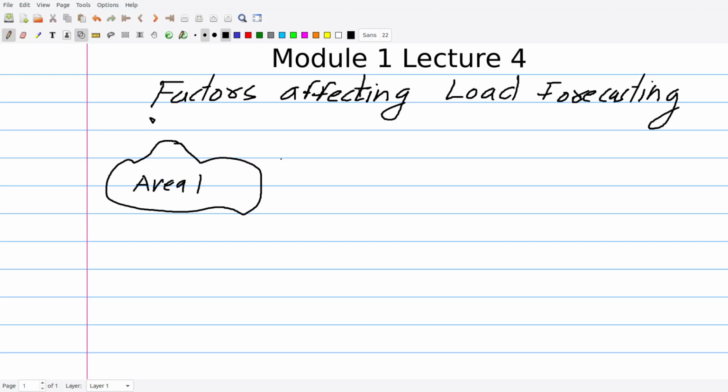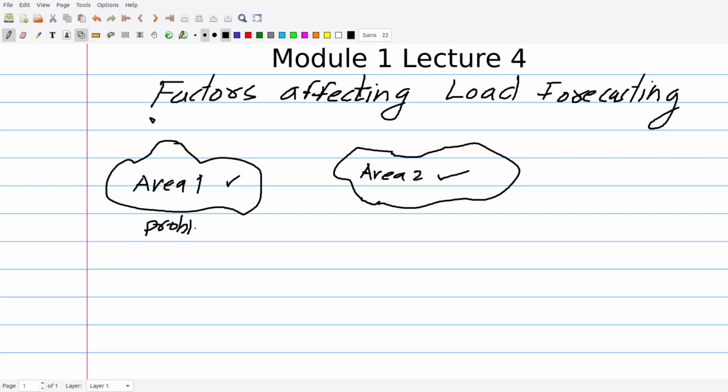If you look at this area 1 and this maybe second area, area 2, the factors which affect this area will be different from the factors which affect the other area. The problems in one area may be different from the other, so they vary in nature. Now, on what factors they vary, I will just write down.